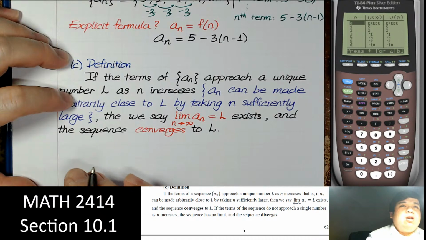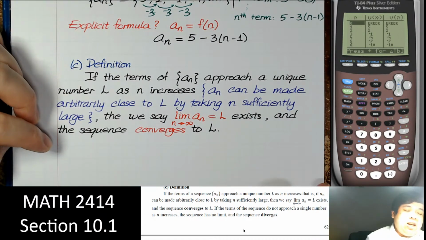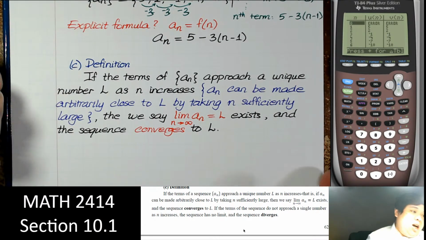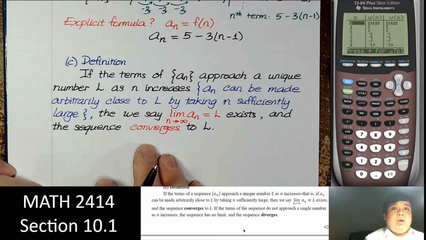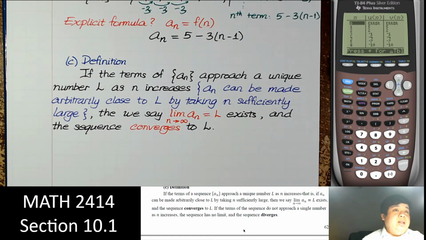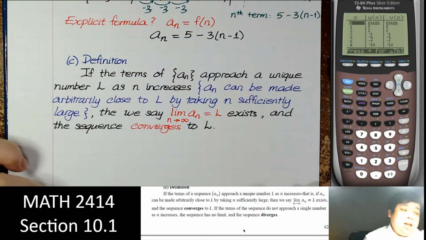Of course, the converge and diverge, we did define this back in section 8.9 in terms of improper integral. Converges pretty much, it converges to a number, and diverges when it does not.